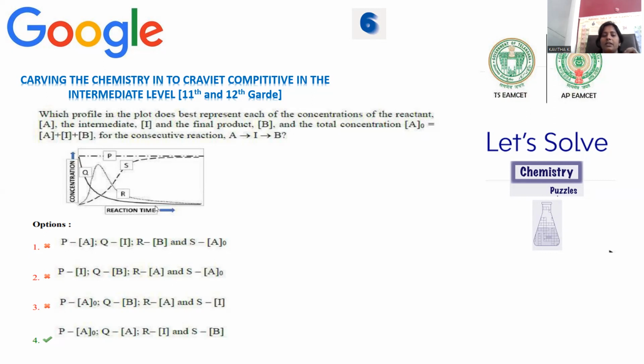It is fundamental that initially only reactants can exist. Based on that we can interpret this entire graphical representation, right?